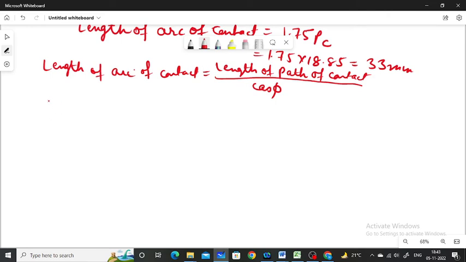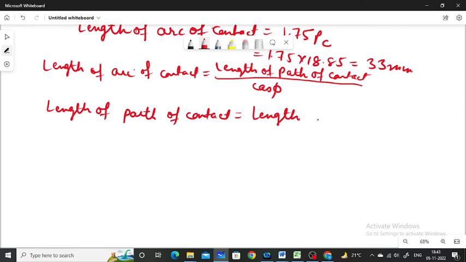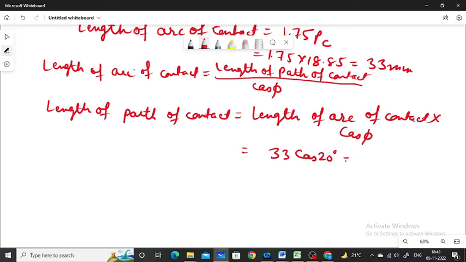So length of path of contact equals length of arc of contact into cos phi. So 33 into cos 20 degrees, that is 31 mm.